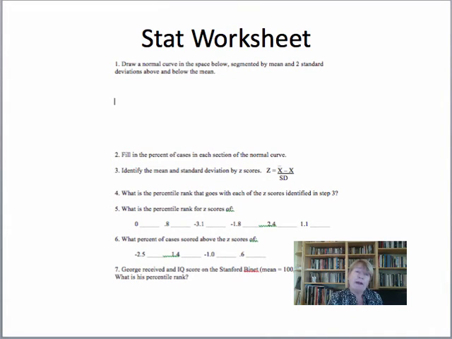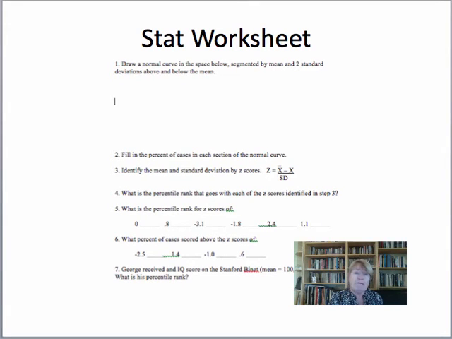So now go ahead and on that curve that you've drawn, put in where the z-scores would fall. So fill in the mean and standard deviation by z-scores. Z-scores, remember, have a mean of 0 and a standard deviation of 1.